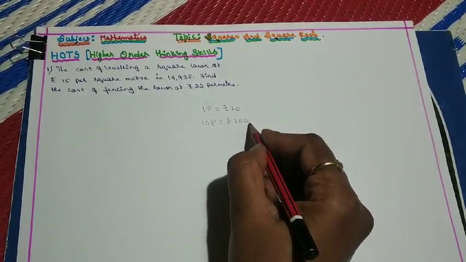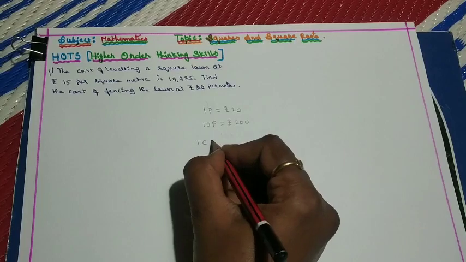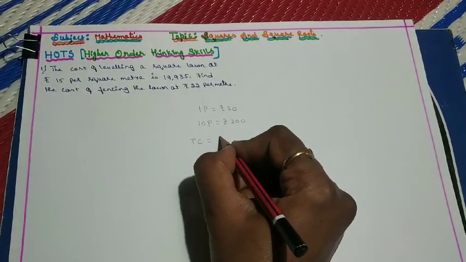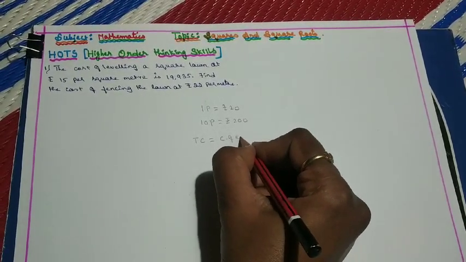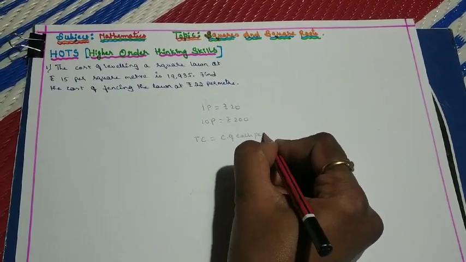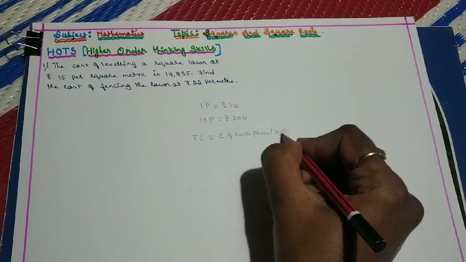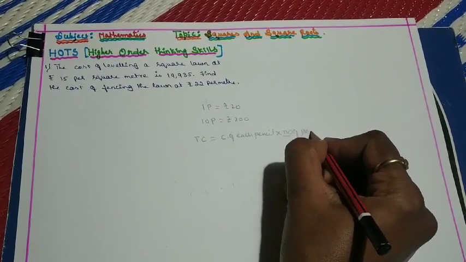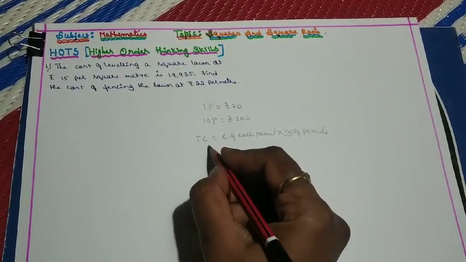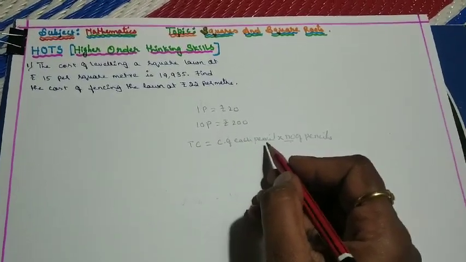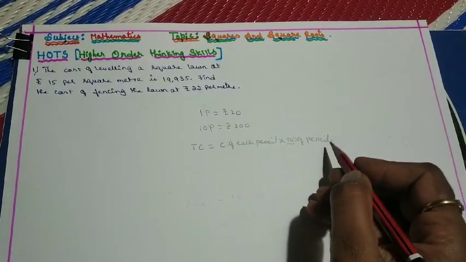How did I get this? The total cost equals the cost of each pencil into the number of pencils. Is it right? Yes, the total cost equals cost of each pencil into number of pencils.